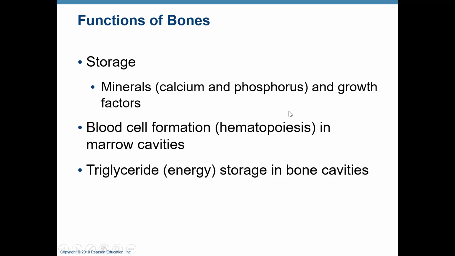So forming blood cells, the general term is hematopoiesis. And the bone marrow, when we're young, is nice and red. As you get older, you tend to store lipids in there as well, so it may look yellow in color. So that's all it's saying: as you get older, you can also store lipids in your bone cavities.